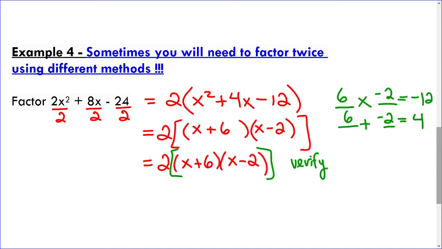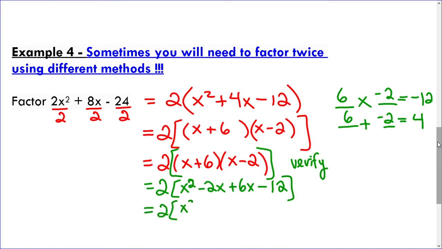So if I were to multiply the stuff inside the brackets first, I'd have x squared, and then my outside terms would give me minus 2x. My inside terms would give me plus 6x, and then my last two terms would give me minus 12. I would combine my inside terms together, plus 4x minus 12, and then I could multiply that 2 into every single term.